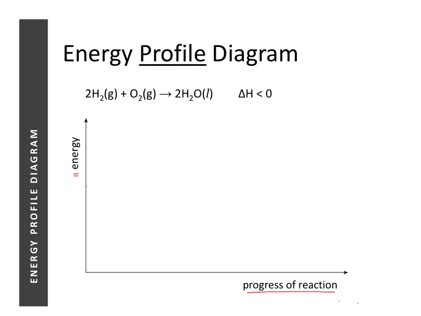Earlier we were only concerned about the initial and final energy levels of your reactants and your products, so we were only concerned about before and after. Now we are concerned with what happens in between. How would your energy change as your reactants react, as your reactants interact and become products?